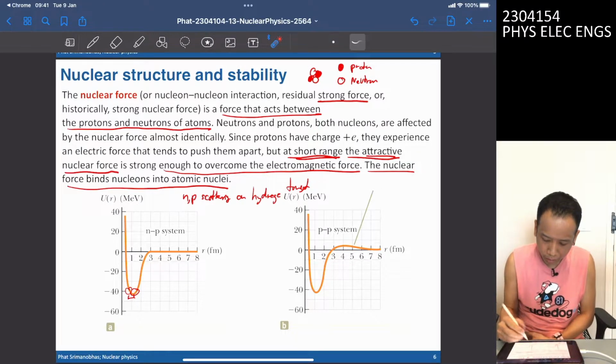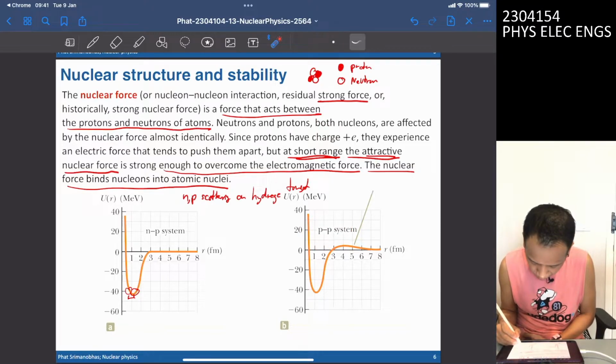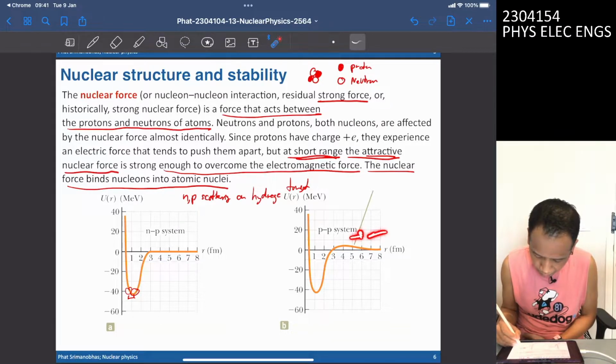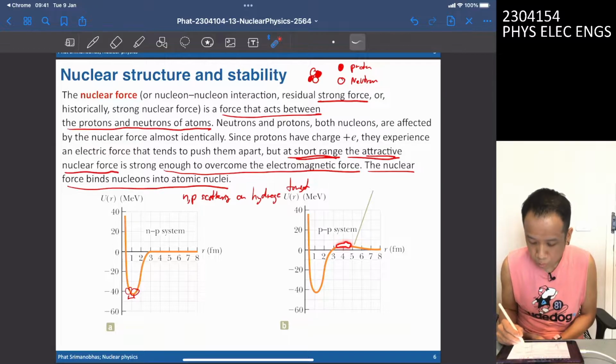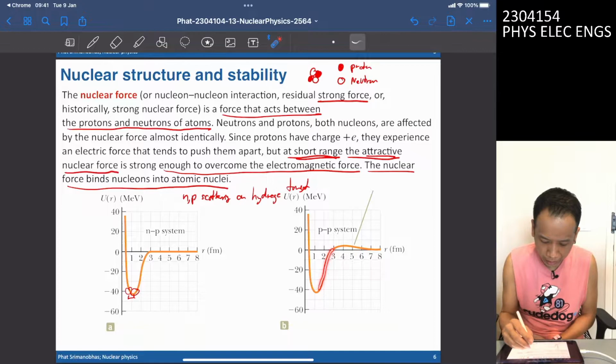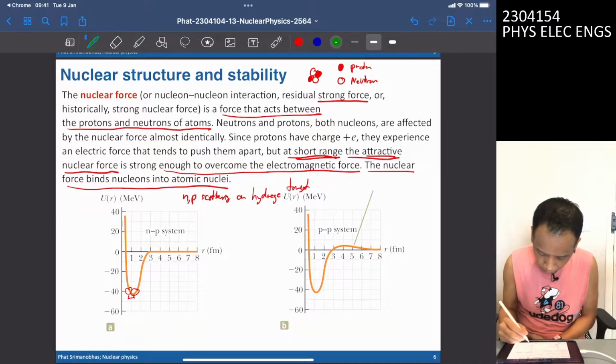Okay. However, if you're talking about protons, when the protons start to get close to each other, they start to have a repulsive force pushing them away. But when they come very close, at less than 3 femtometers, there is no effect from the electromagnetic force, because it's overcome by the nuclear force.